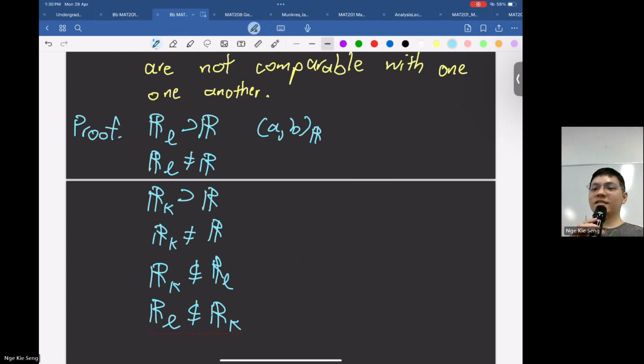So you want to prove that this element here is in R_L. But R_L is generated by what? Half open intervals. Okay. So can you build this set using the half open intervals? How?